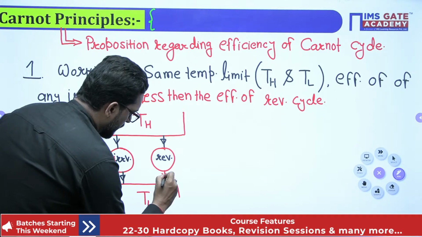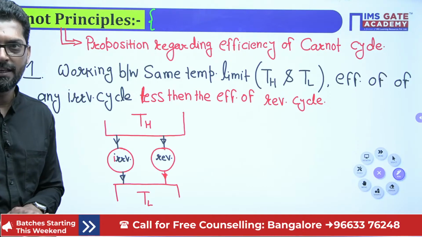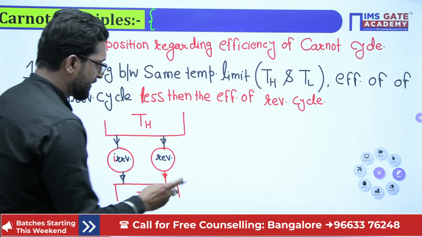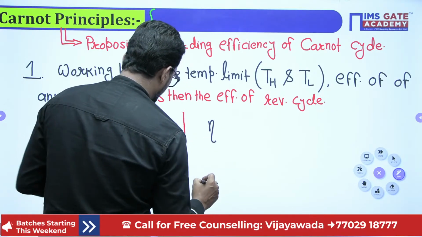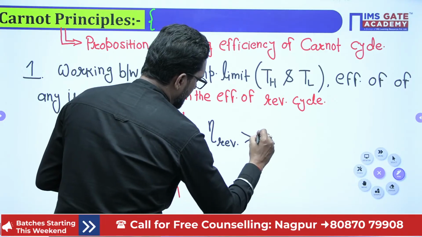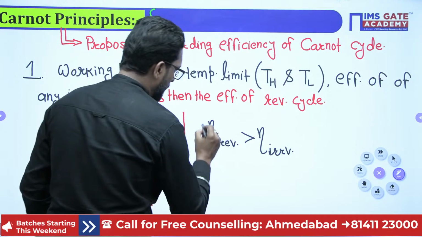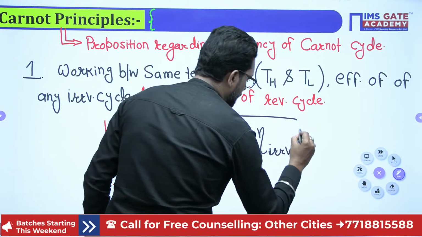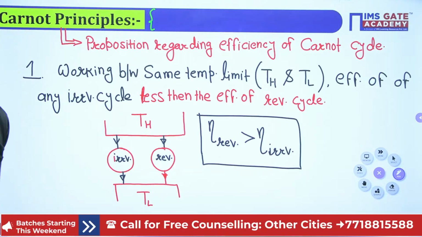So the first principle says that the efficiency of a reversible cycle is greater than the efficiency of an irreversible cycle. This is very important.